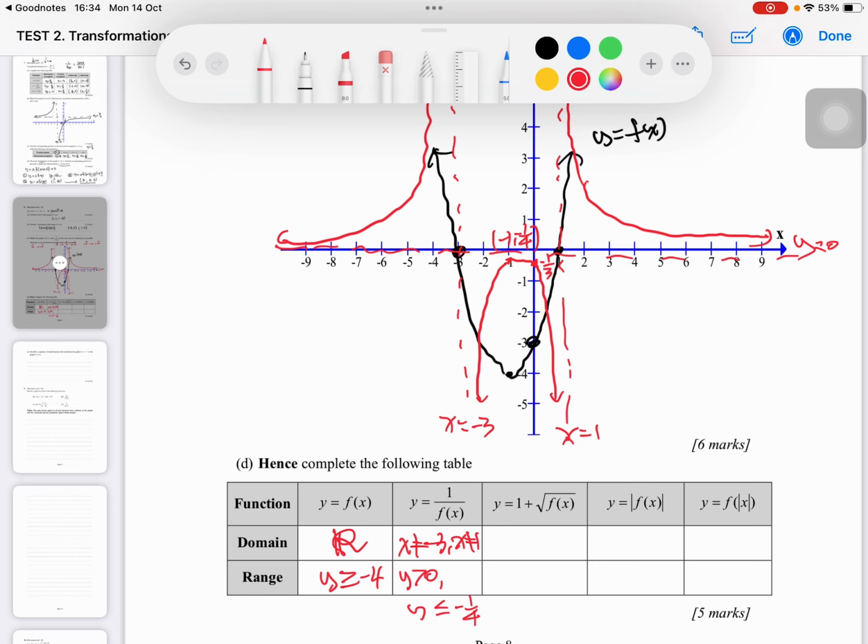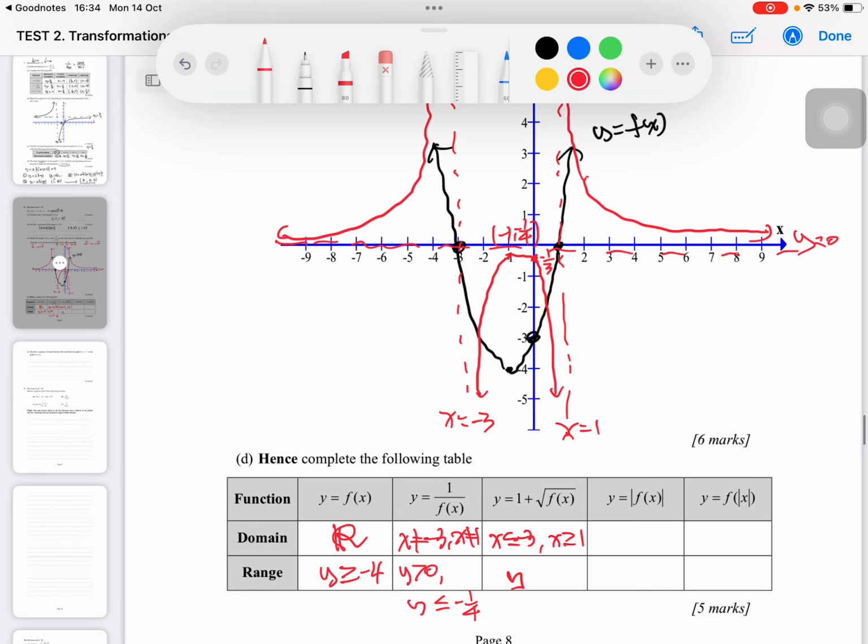And this one, f of x, when we put in the square root, only this part can be inside. So here, domain x is smaller than or equal to negative 3, and x is larger than or equal to 1. And when we put them in the square root, still 0 is 0, infinite is infinite. But we move them 1 unit up.